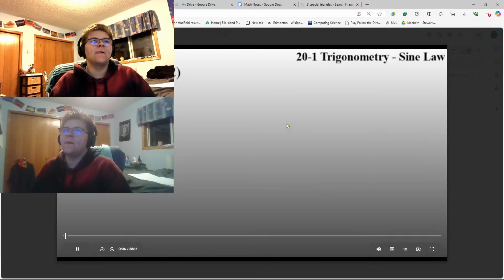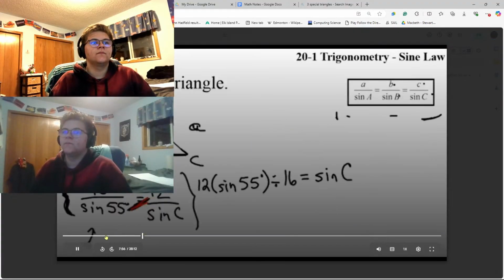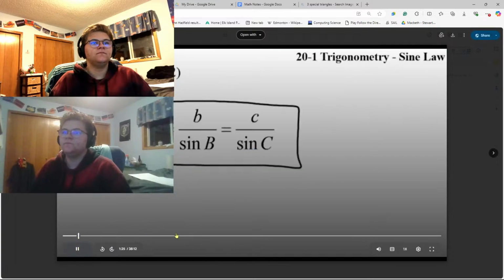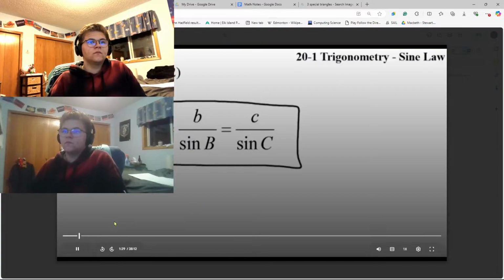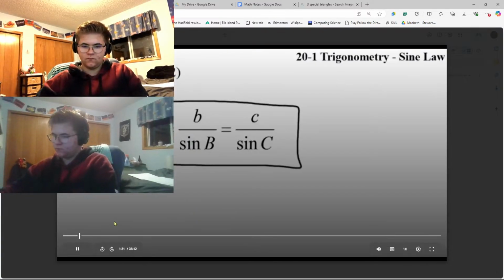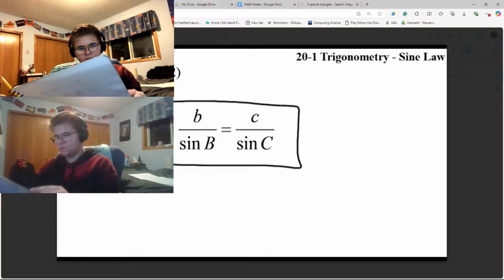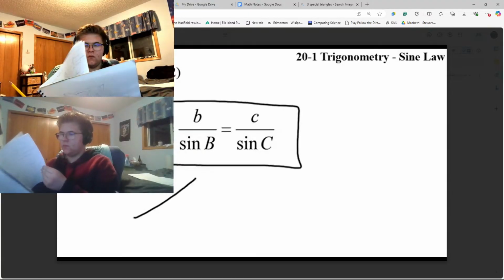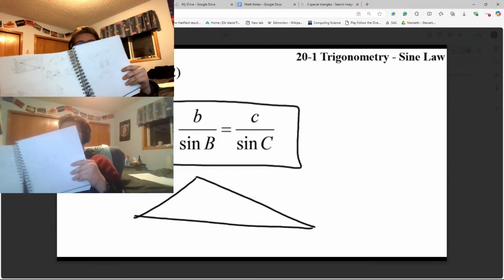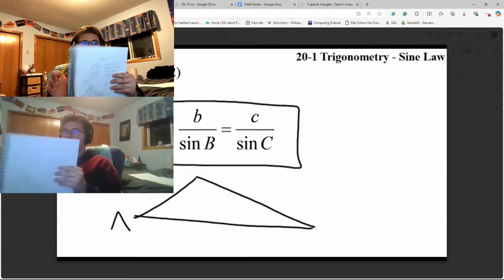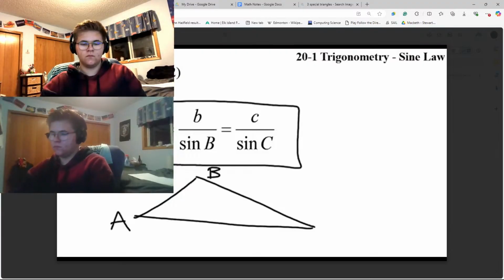Welcome to the second half of the trig unit. That's what it's summed up into. Calculations aren't real difficult. Pretty straightforward. Only thing is, if you have any non-right triangle, couple things to review. Angles are always labeled with capital letters.